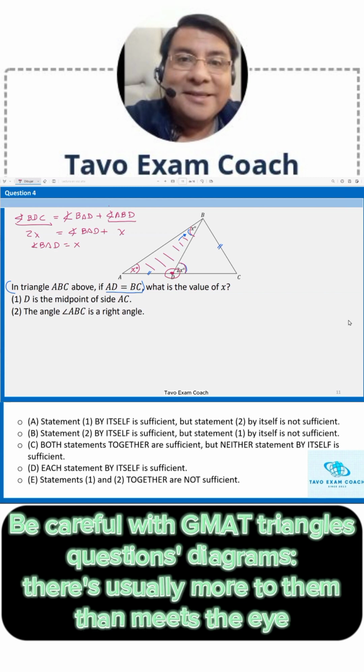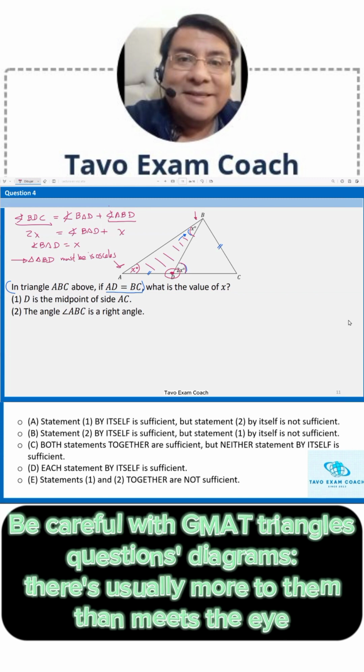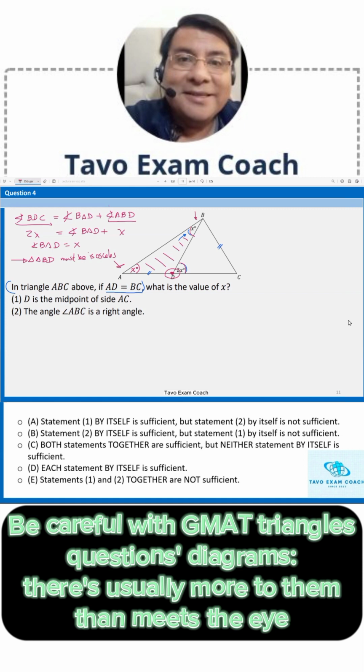Okay, if now we know that the two vertices, this one and this one, in triangle ABD are the same measure, then an important consequence follows. Triangle ABD must be isosceles. Remember isosceles triangles? These are triangles that have two equal interior angles and also two equal sides.